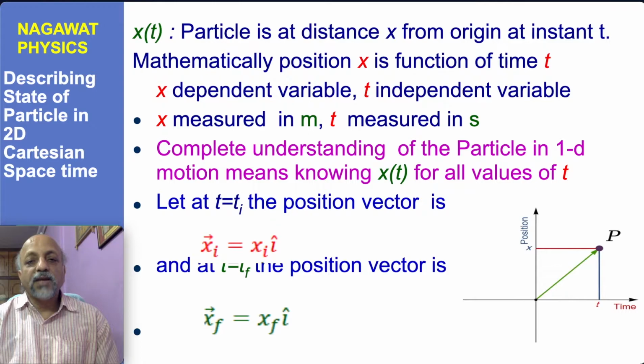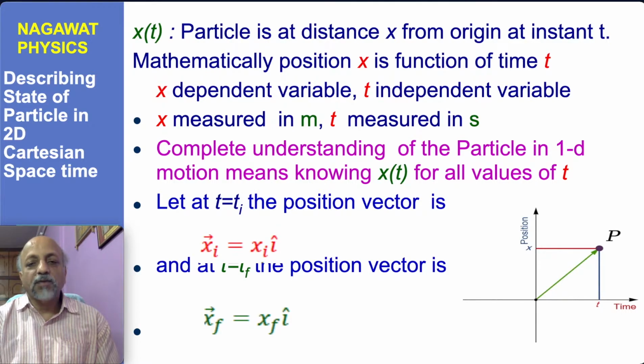Now, for complete understanding of the particle's one-dimensional motion, what would complete understanding mean? Complete understanding would mean that we know x at every instant of time. So if x(t) is known for all values of t, we know where the particle will be at a particular instant.